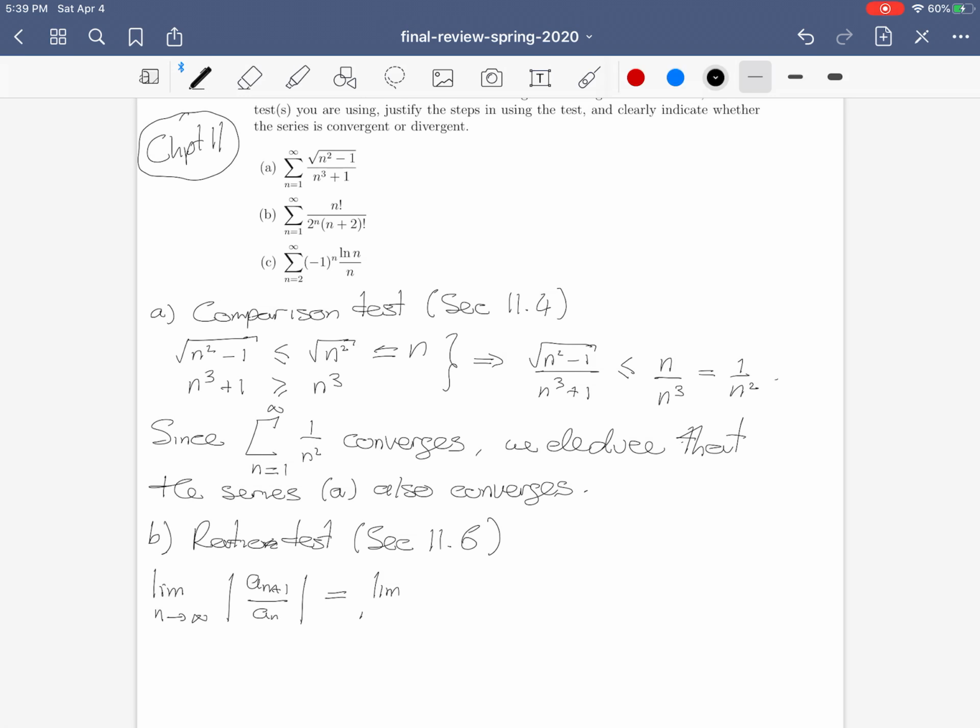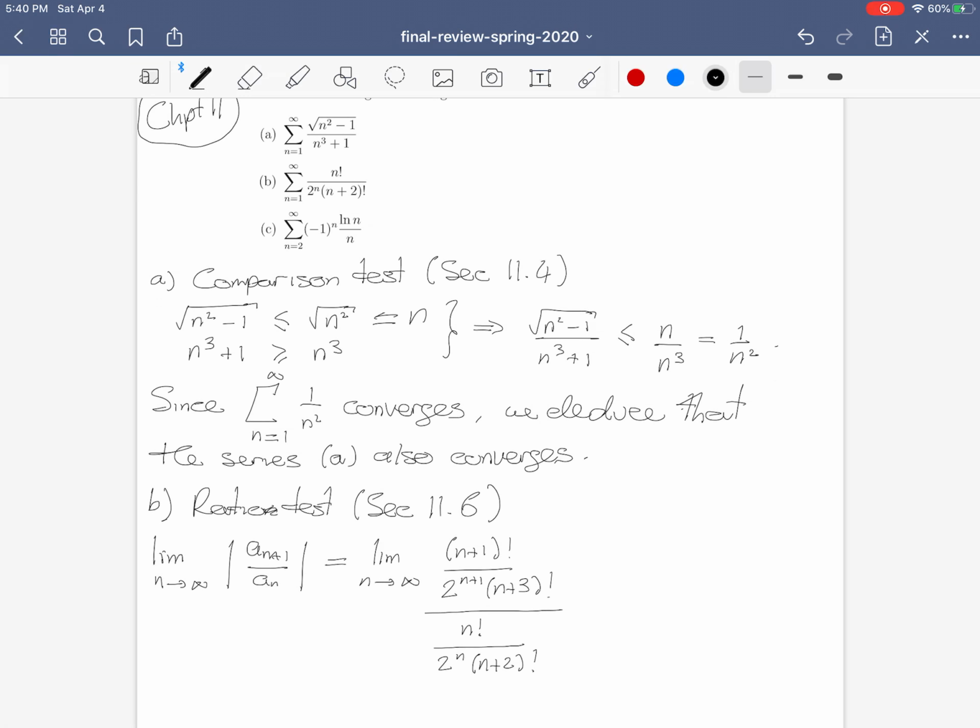In our case, this is the limit as n tends to infinity of (n plus 1) factorial divided by 2 to the n plus 1 times (n plus 3) factorial, that's the n plus 1th term, divided by the nth term, which is n factorial divided by 2 to the n times (n plus 2) factorial.